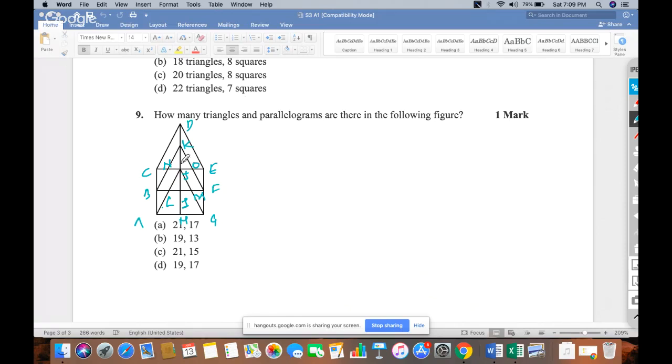Let me start from here. You look at here, 1, 2, 3, 4. So CDKB is giving me one parallelogram. Similarly, on the other side, DKFE is giving me one.